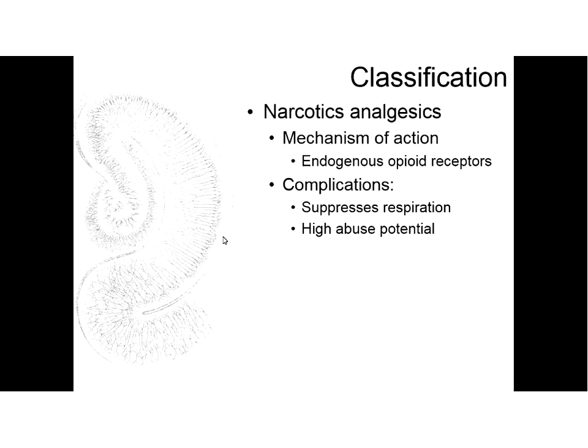Certain kinds of complications: as you increase the dose of these narcotic analgesics, you're going to suppress respiration. So increasing those doses, you just start to turn off and suppress respiration. They also have a high abuse potential. They're very, very highly abused drugs.